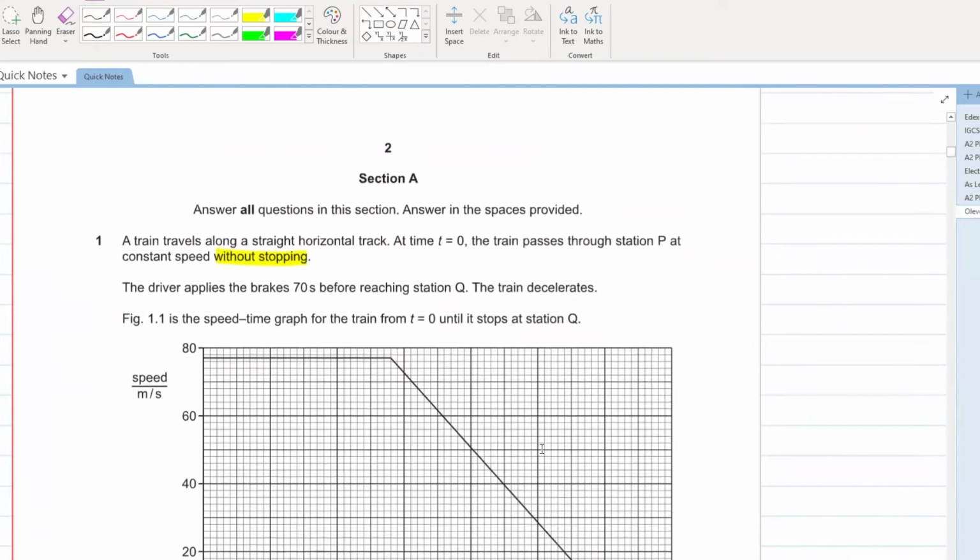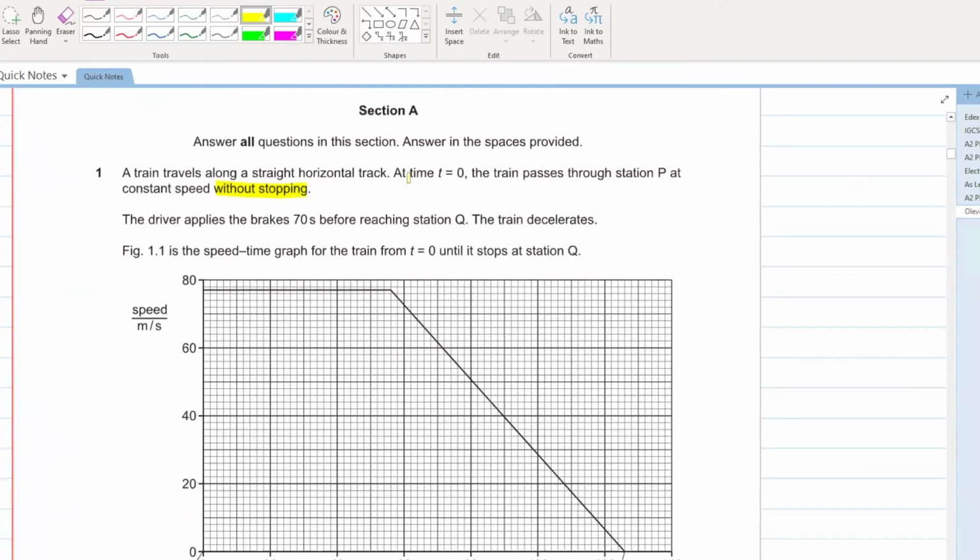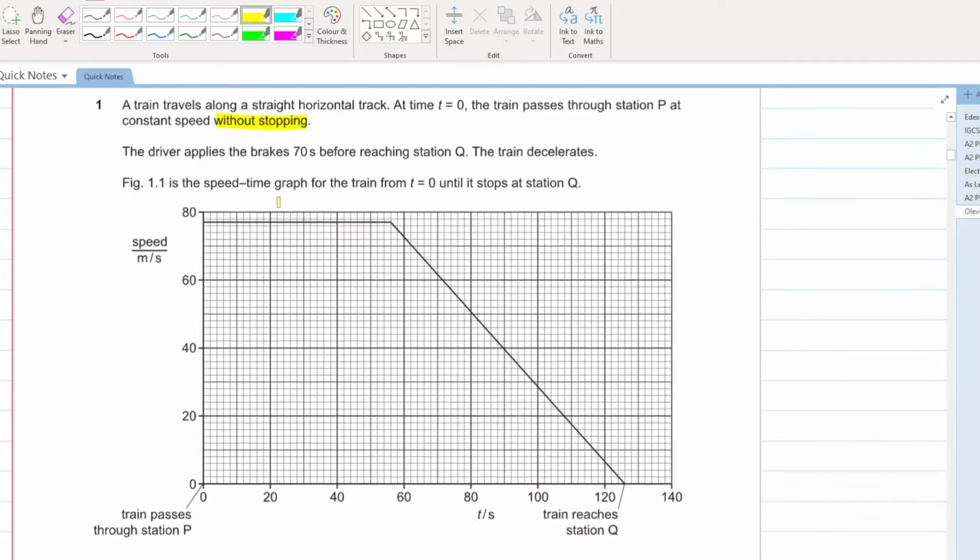A train travels along a straight horizontal track at time t is equal to 0. The train passes through station P at a constant speed without stopping. The driver applies the brakes 70 seconds before reaching station Q, and the train decelerates.